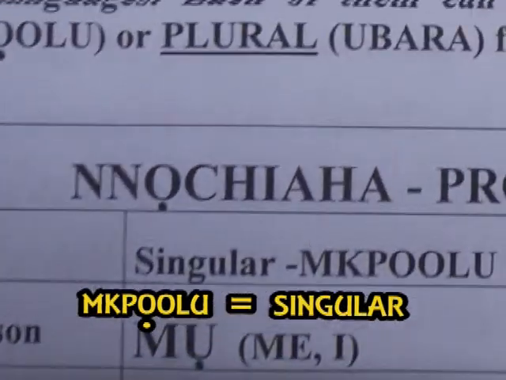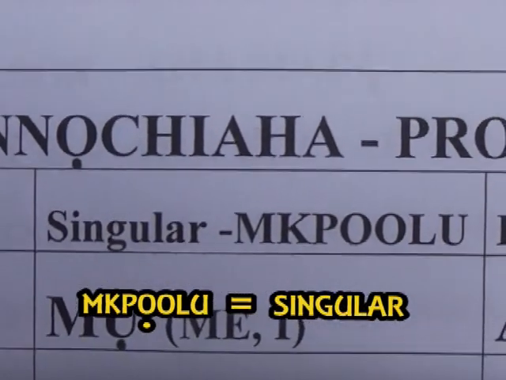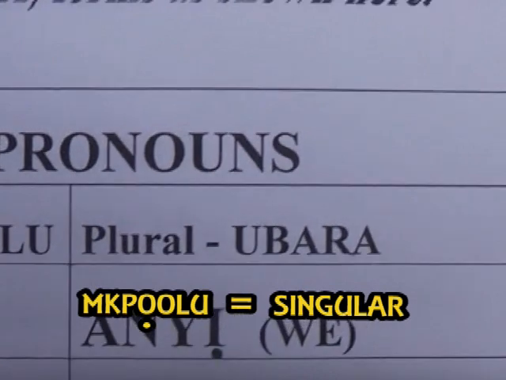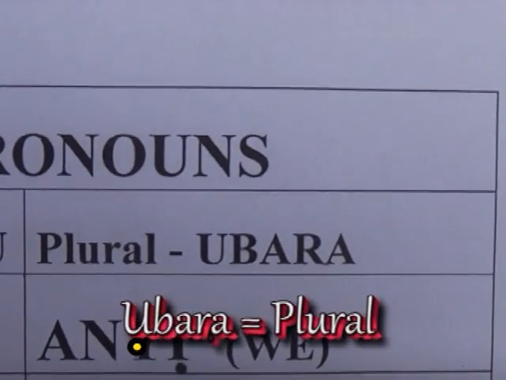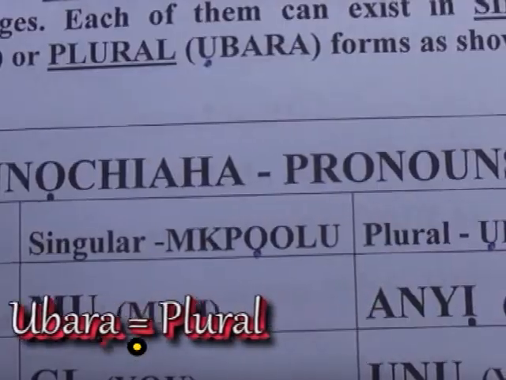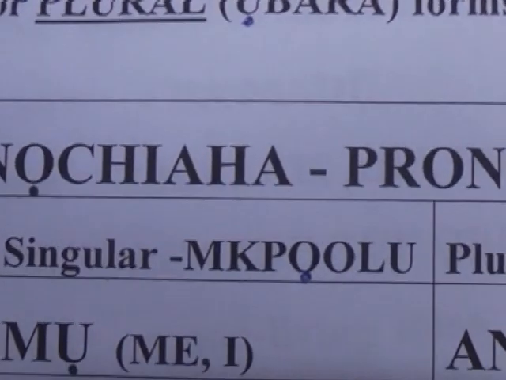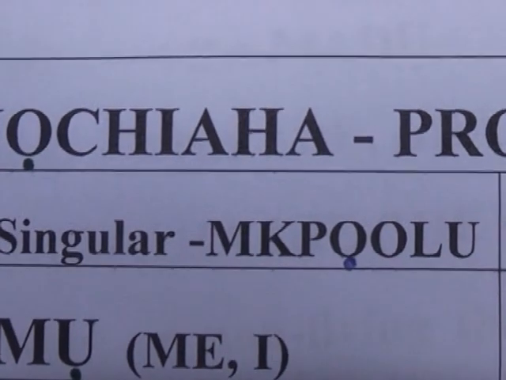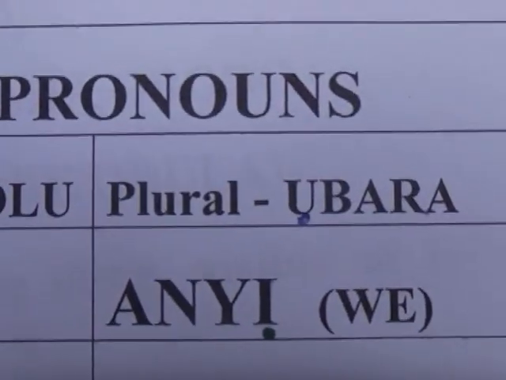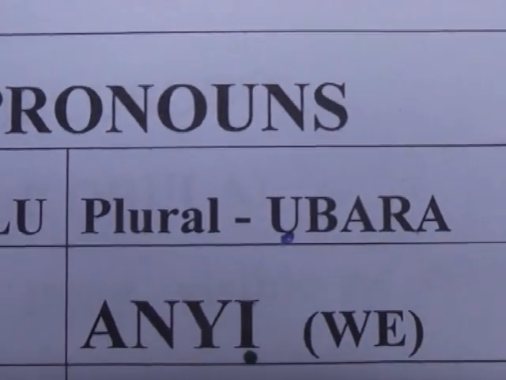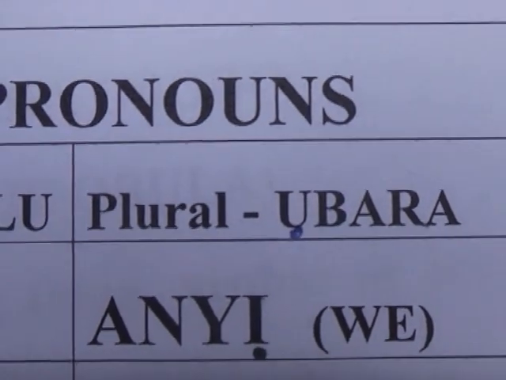These can exist in singular or mpolu, or they can exist in obara or the plural form. Nnochi, that is pronouns. In its singular form, we call it mpolu. When it is more than one, that is in the plural form, you say it is obara.